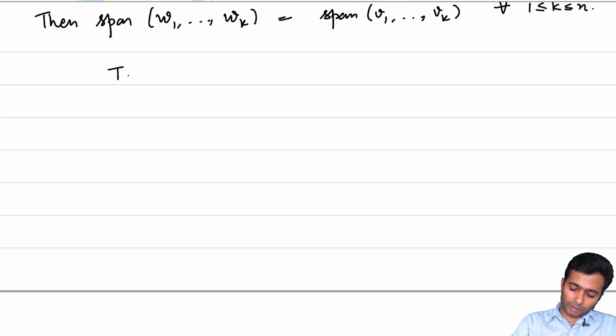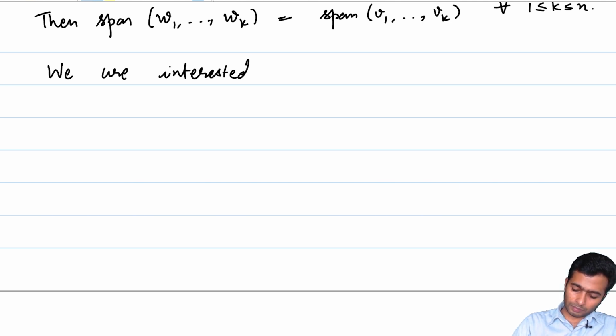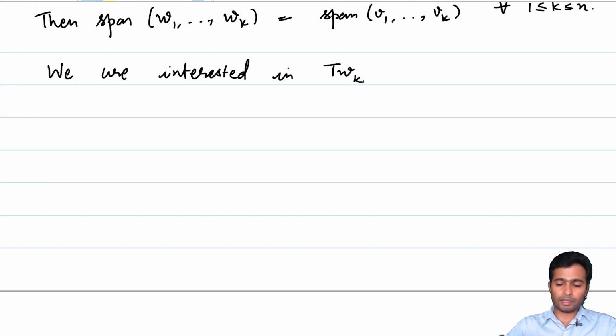So let's look at T Wk now. We are interested in TWk for k from 1 to n, so that we can compute the matrix of T with respect to beta prime.